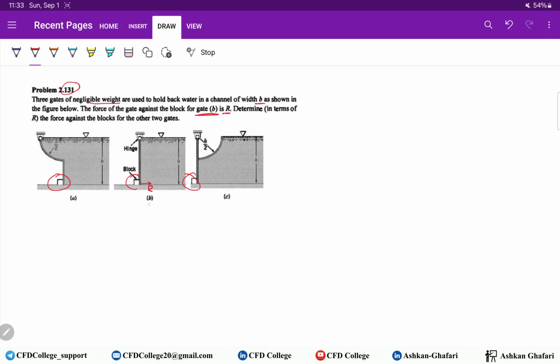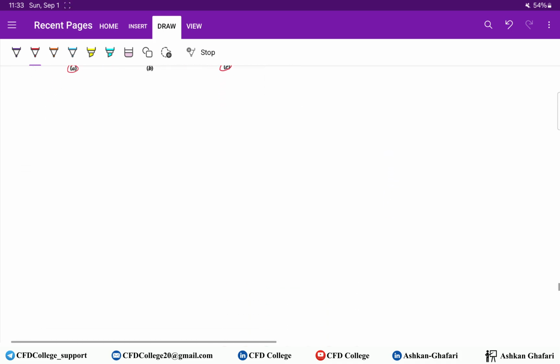Okay, so we should start from gate B and find R, and then we can solve for gates A and C and see how much R is the force against the block in those cases. Okay, let's start with gate B. This is the gate.